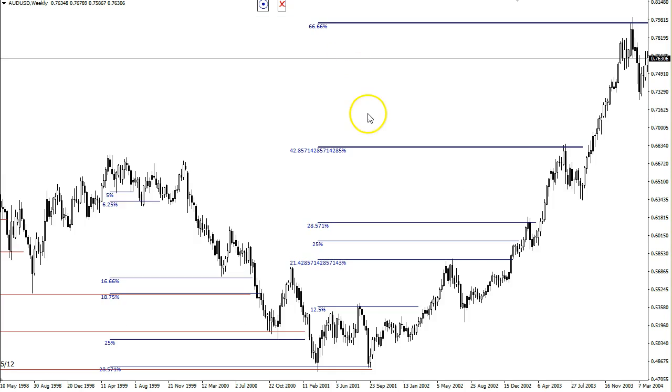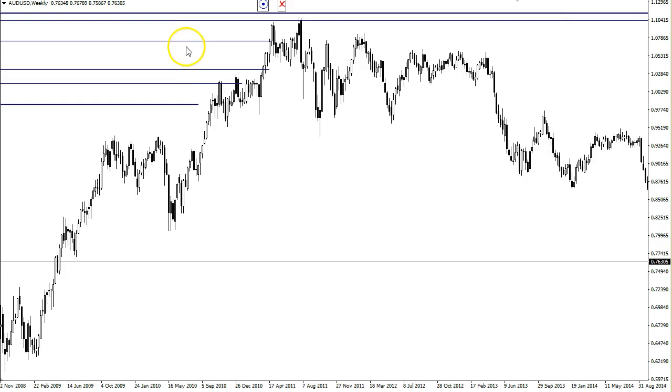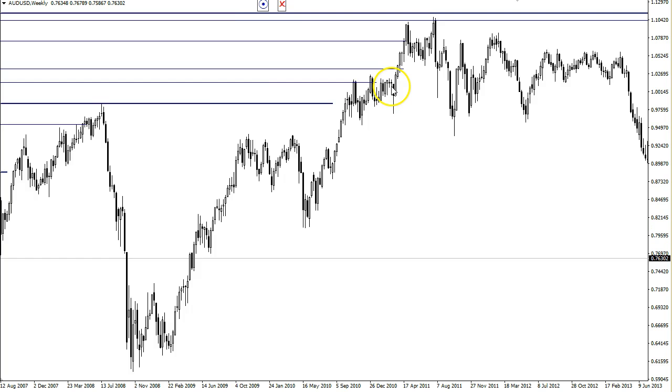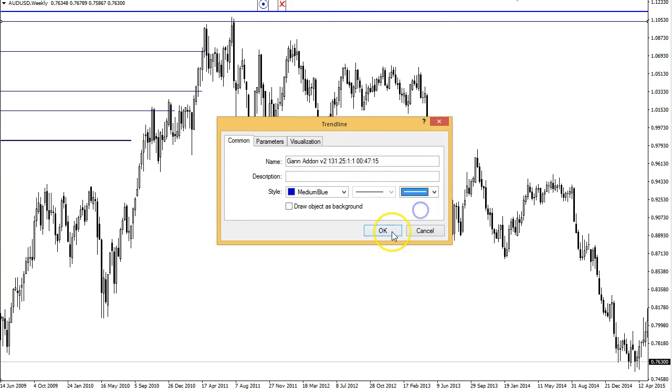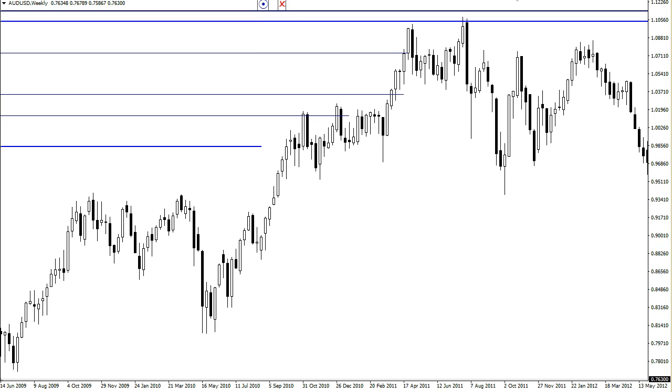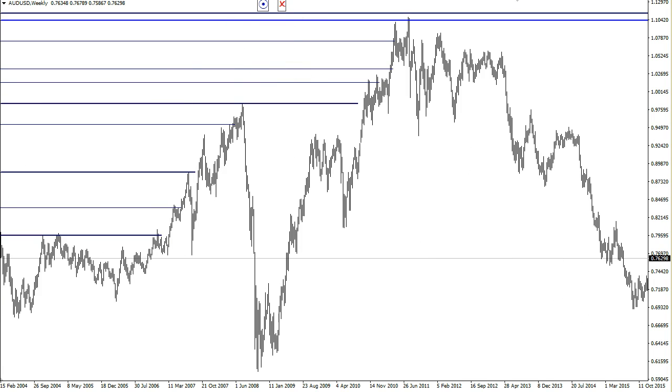We can see that the historical high so far in AUDUSD from the historical low was made at 131.25%. So this is a very important level that I should keep a note of in case I need it in the future.